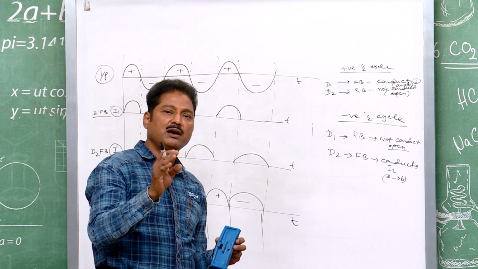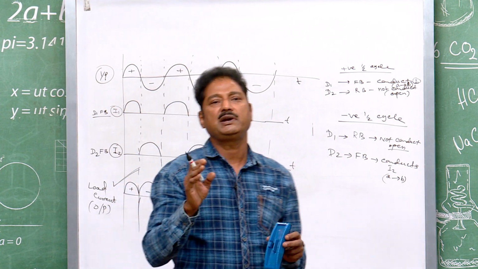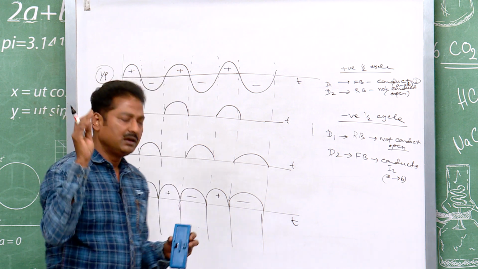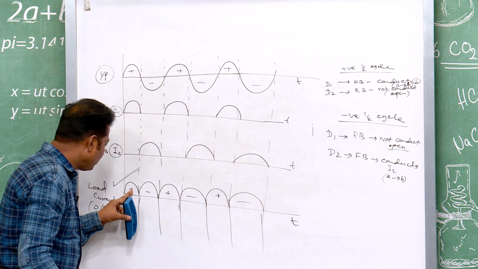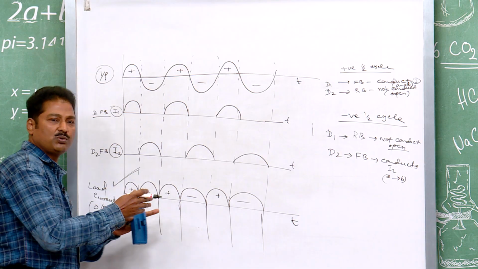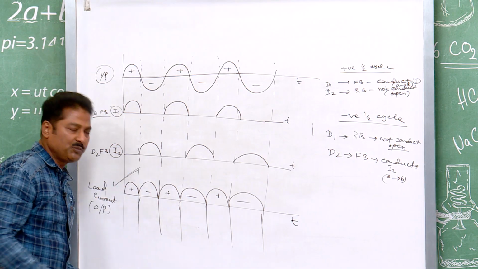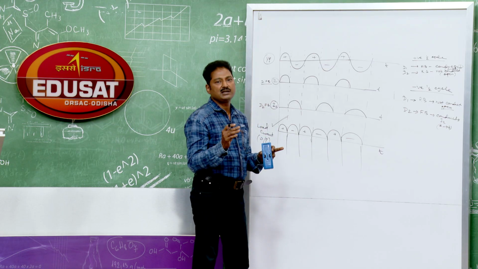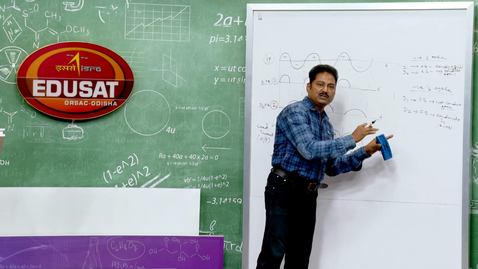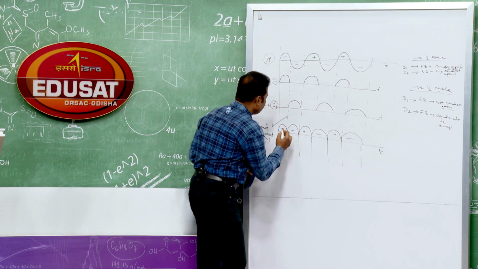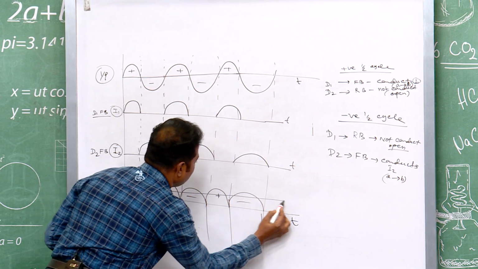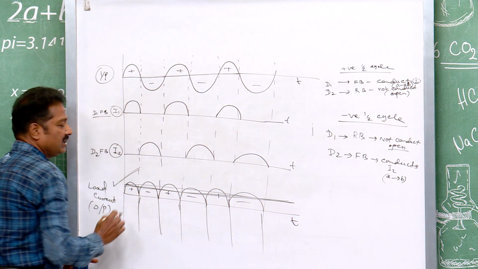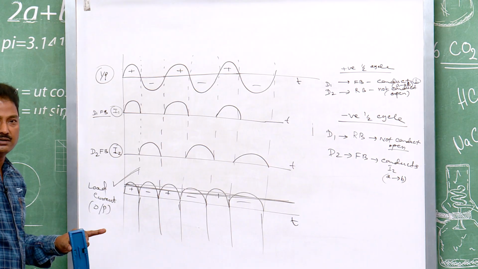The full wave rectifier should satisfy the property that the current should flow in one direction. So, this is what rectification is. Of course, it needs further filtration. We need a filter circuit to be connected along with this full wave rectifier to get a flat output. With the filter circuit, the current or voltage will be exactly DC, it will be constant.